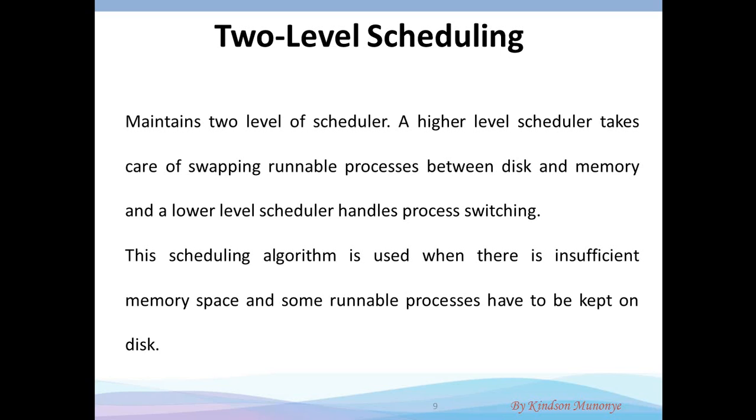Then we have two-level scheduling. It means that there are two levels of scheduler. One of them is responsible for moving the ready processes between the disk, the permanent storage, and the memory, and the next level of scheduling is responsible for moving the process from the ready queue to running.